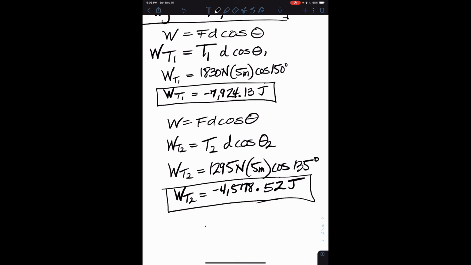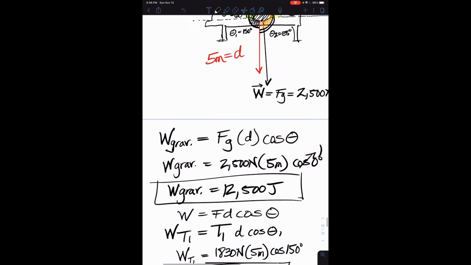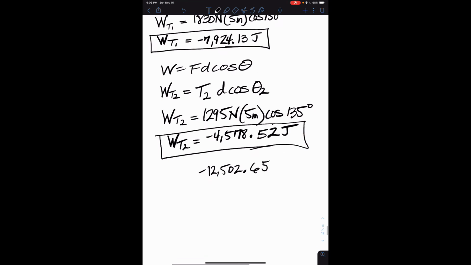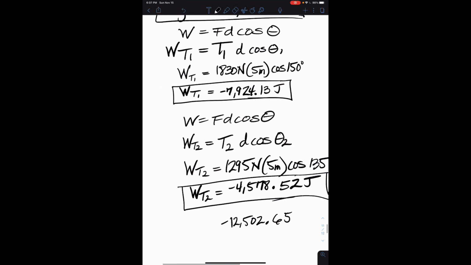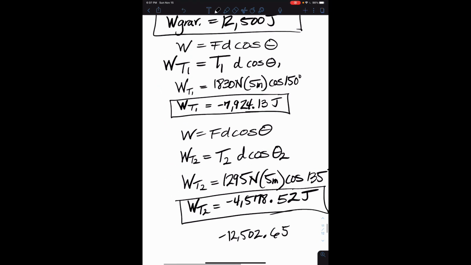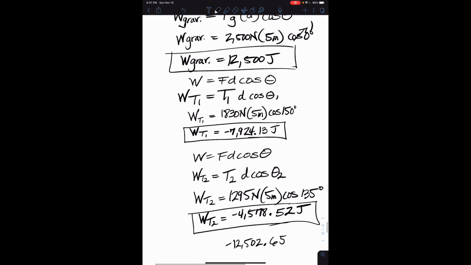What I'm trying to say is that this is the exact opposite of the work done by gravity. Gravity did that positive 12,500, and the two tension values do negative 12,500, because the piano isn't speeding up. It's moving down at a constant speed, and therefore we see this balancing out.